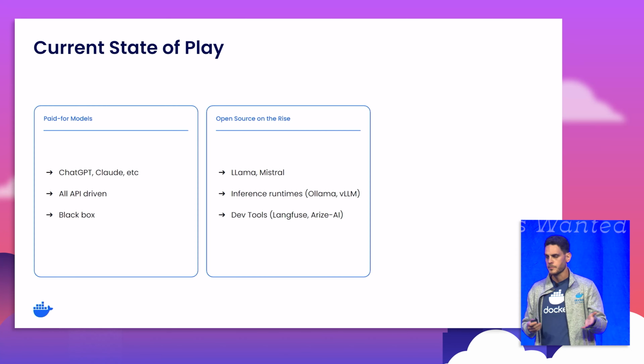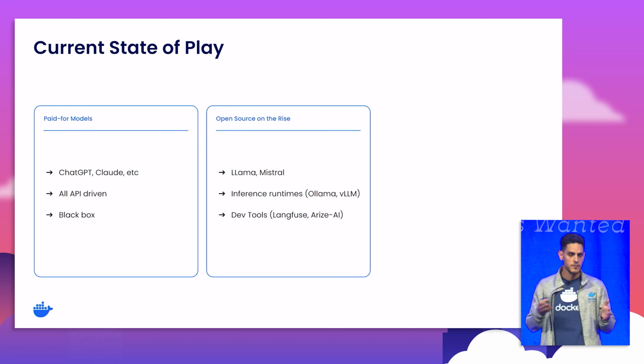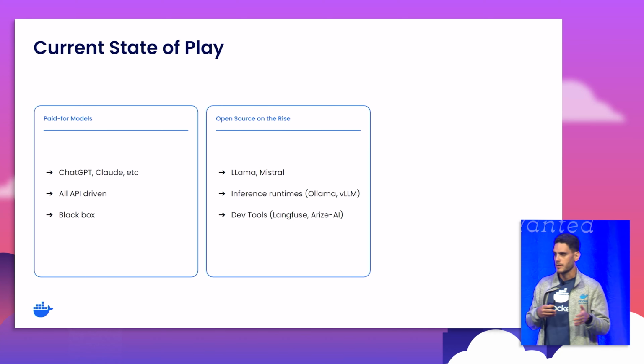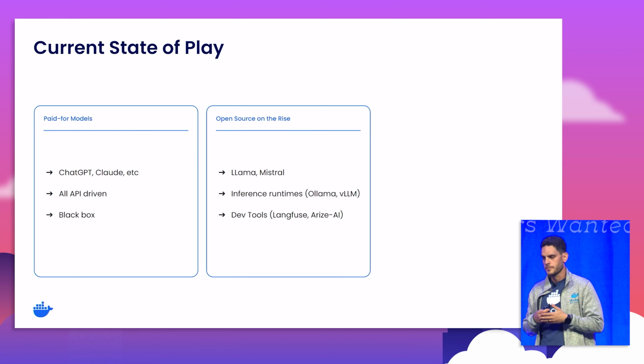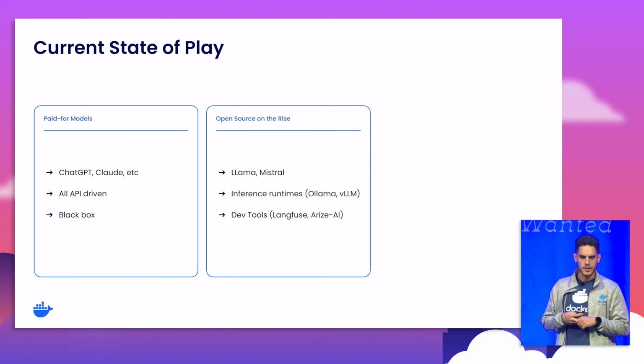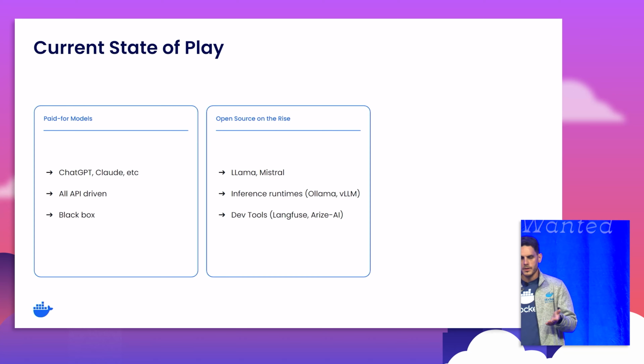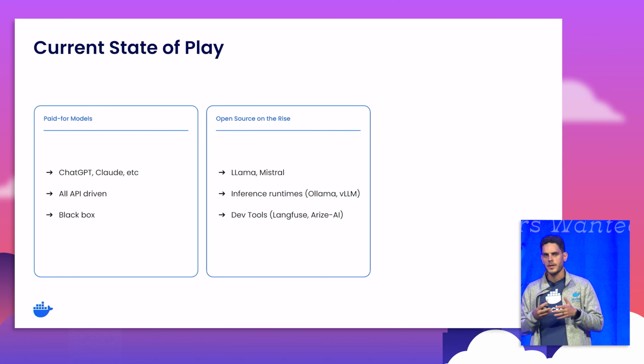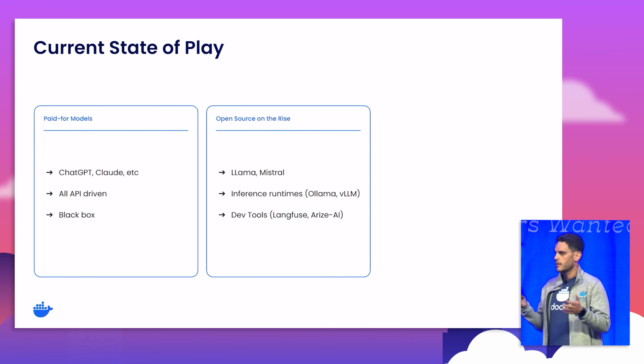At the same time, we're starting to see the open source ecosystem grow and take off, I think, a lot sooner than we saw in the mobile trend. So you have Meta really leading the charge here with Llama. I mean, you can maybe say "open source" in quotes, but Mistral as well as others. There's also been a large increase in the number of inference runtimes available to use.